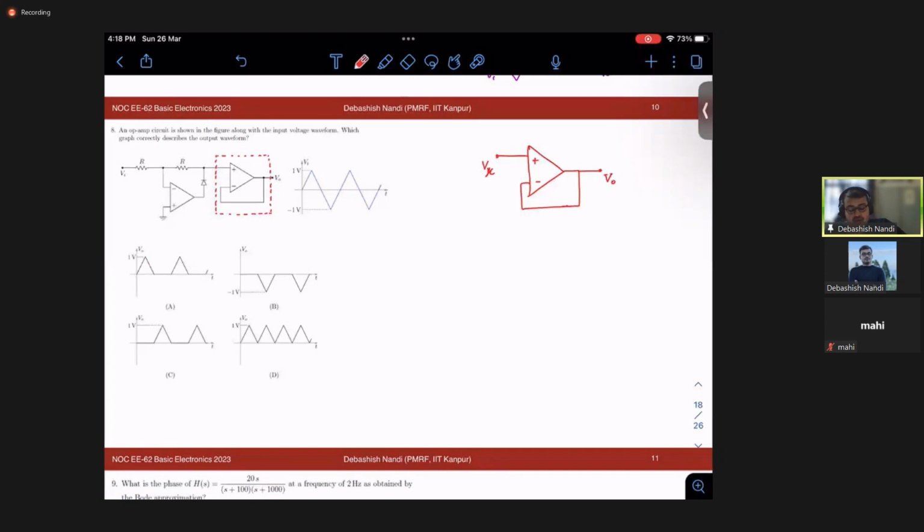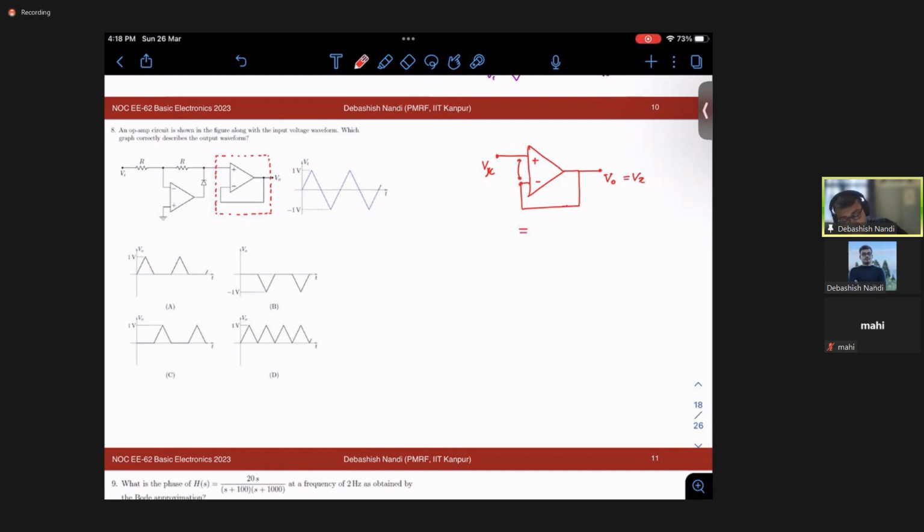So what is your V out? The circuit is in negative feedback, right? The op-amp is ideal. Then what about your V out? This will be virtual short and this voltage is directly connected to V out. So V out is nothing but Vx.